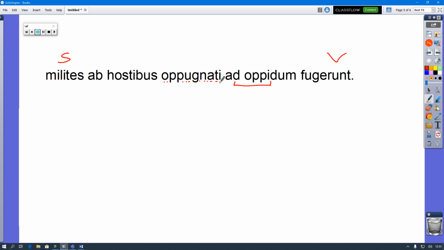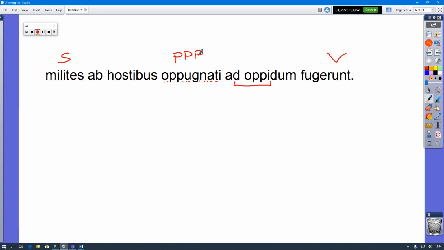Now I know that oppugno is a verb, but oppugnati hasn't got a normal verb ending. It has got an I, you, he, we, they ending on it, and it's in the middle of a sentence where a verb shouldn't be. Oppugnation, well, it's not really an English word, but it sounds like it could be an English word. So that's good enough for me. I think it's a PPP.